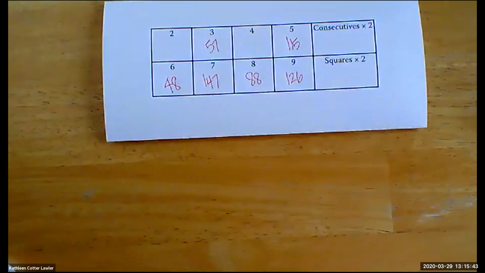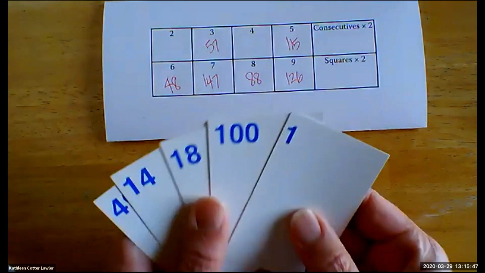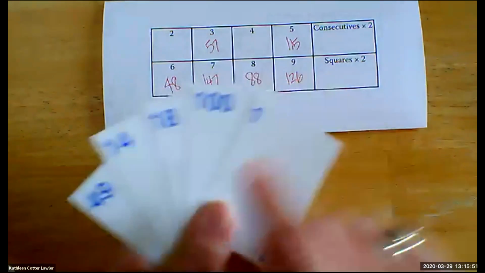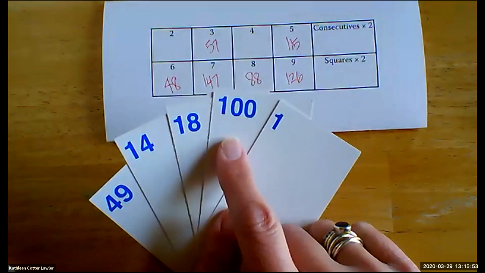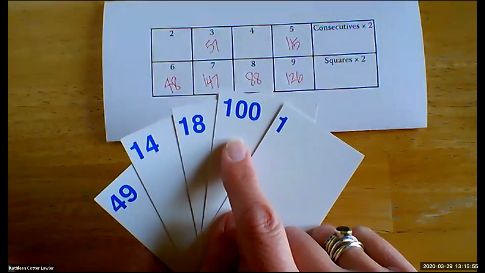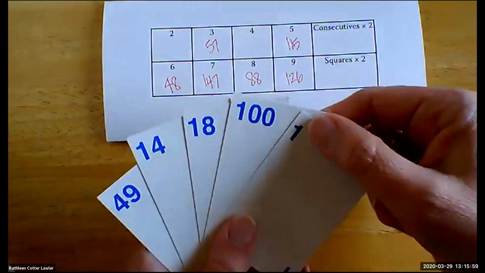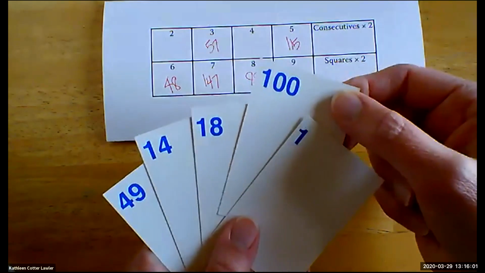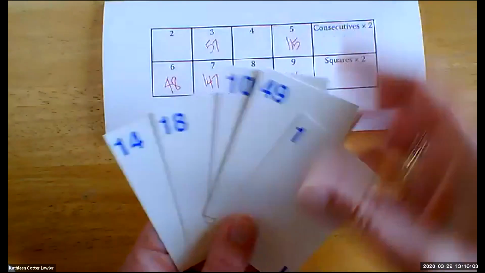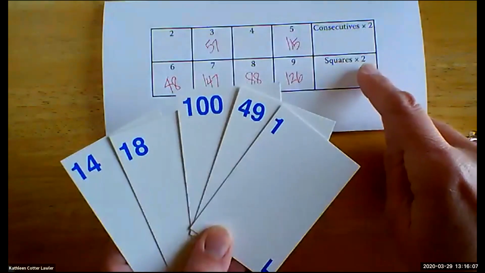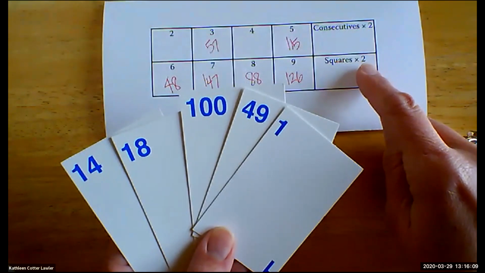Okay. Next one. Again, here's these. Well, this could be 10s, but oh, we don't have 10s. Ooh, this is also a square, right? So if I did this as a square, here's a square. Oh, this one's a square. Oh, so this is a square. This would be 150 times 2 is 300.